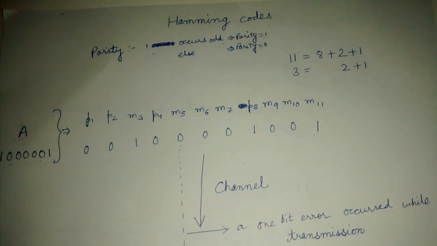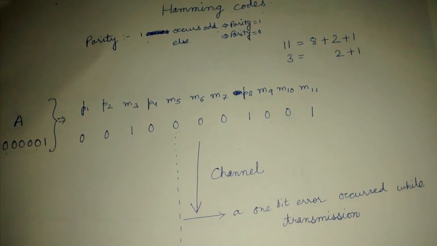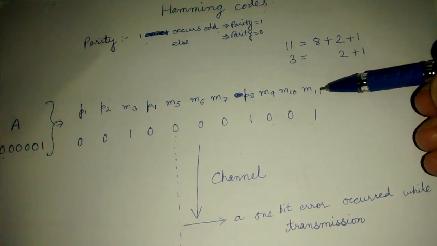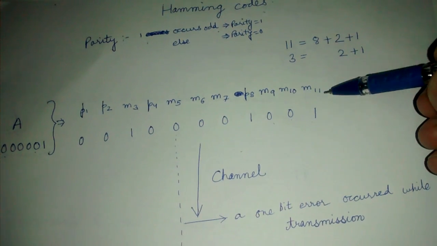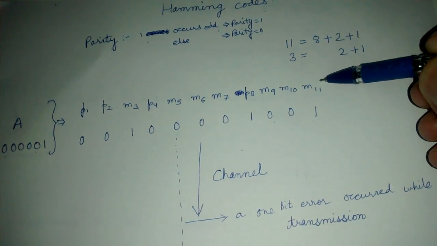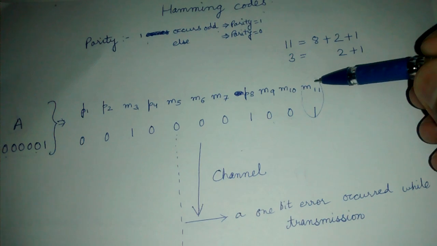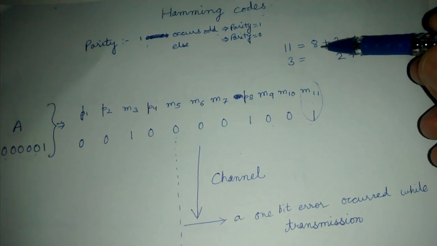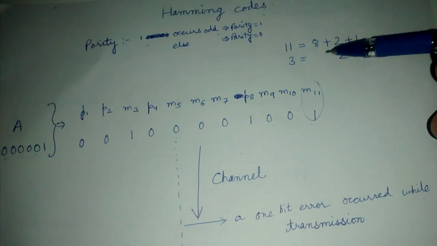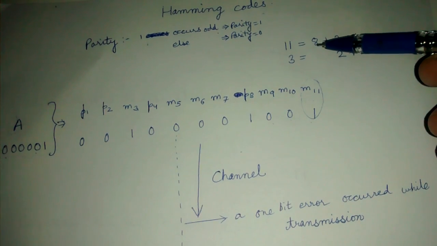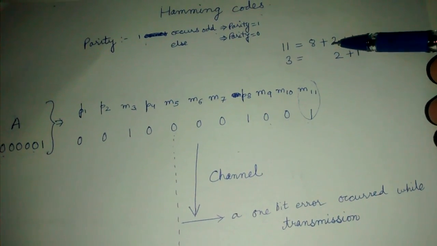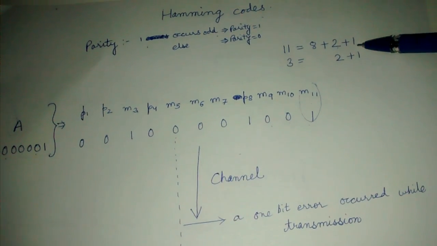What this means is the 11th message bit will contribute to the parity of the 8th parity bit, 2nd parity bit and 1st parity bit.